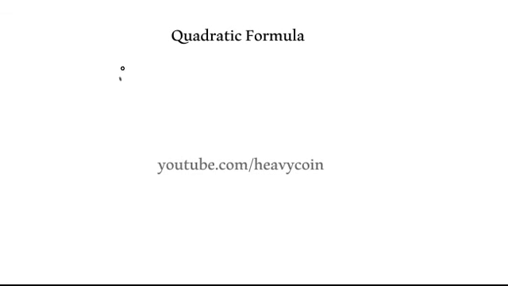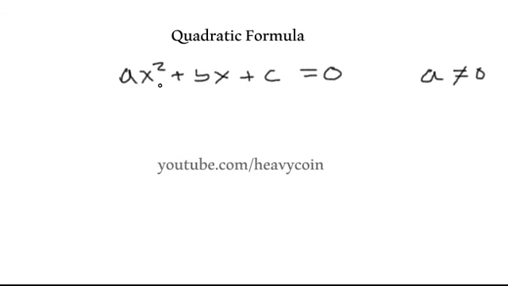Alright, so generally speaking, we're solving ax squared plus bx plus c is equal to 0. Now we must state that a cannot be equal to 0. I'm going to take this and complete the square. Remember, we need a 1 right here, so I'm going to factor the a out.